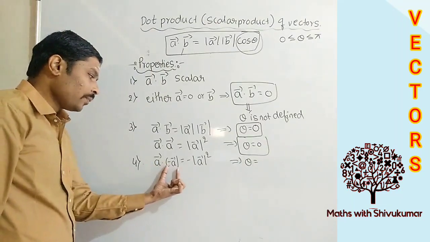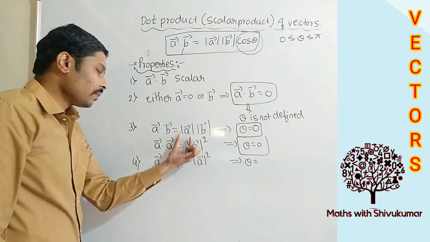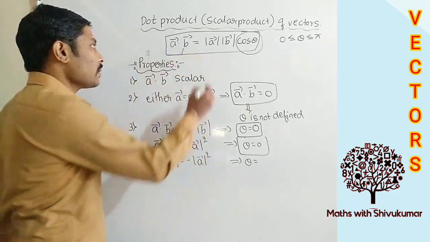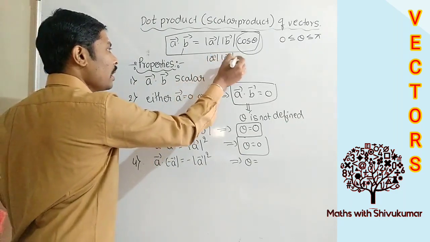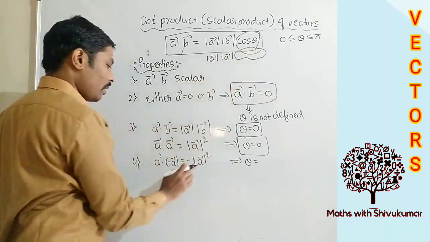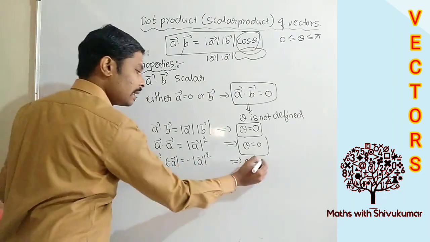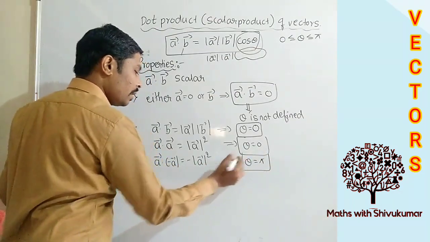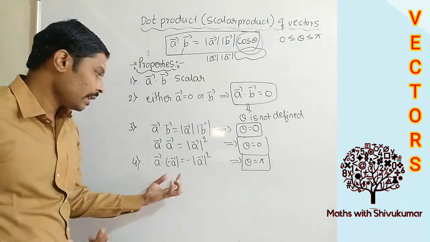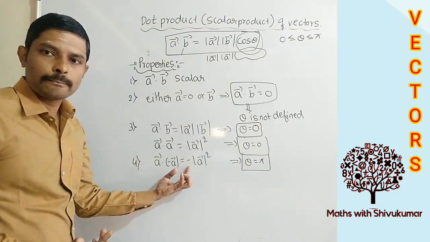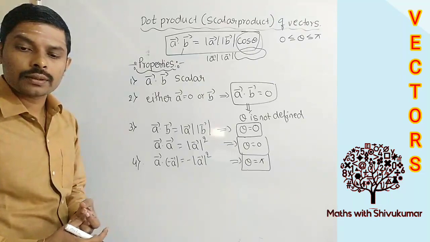A dot minus A, so minus is outside, and magnitude of A square means we want A dot A. I want the minus sign here, no? Minus of magnitude A square is there. So when cos is minus, theta is equals to pi. So you will get a negative sign. Hope you are getting my points. Why does the negative sign come here? Clear, all of you, or any doubt here?